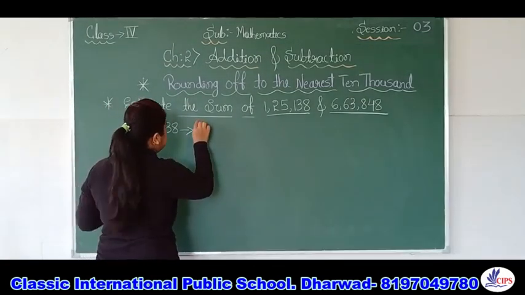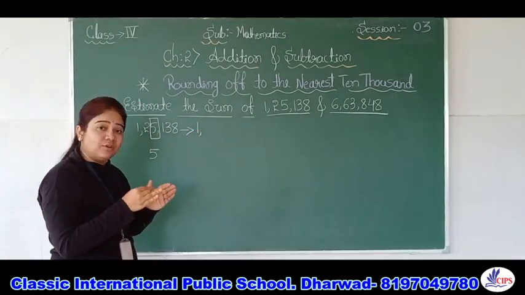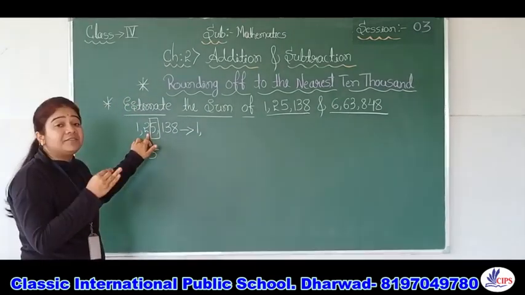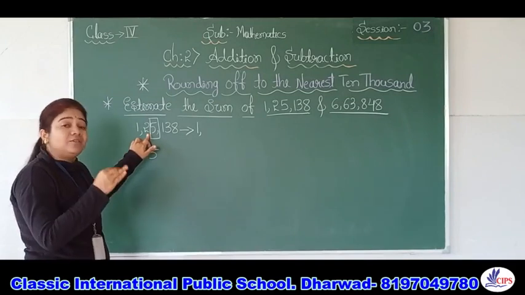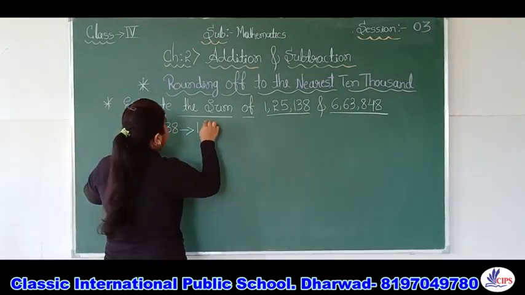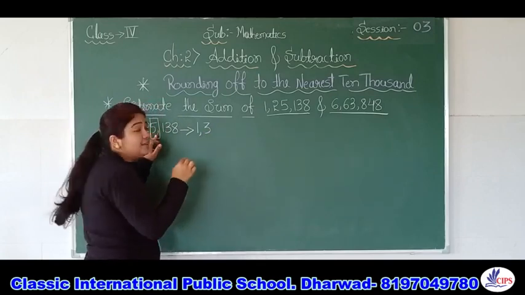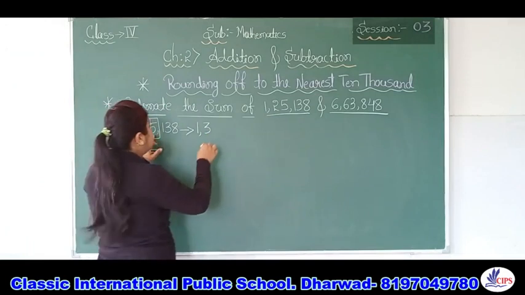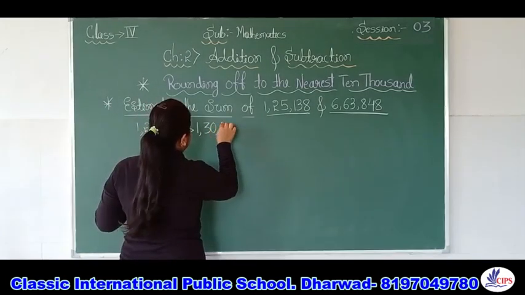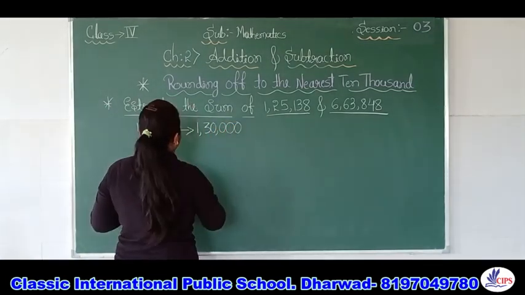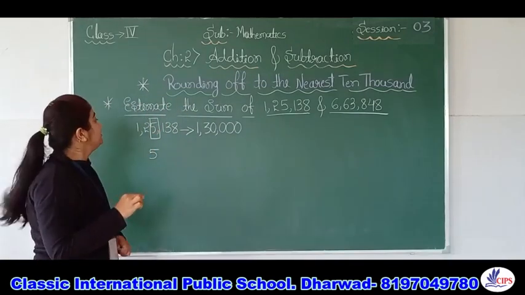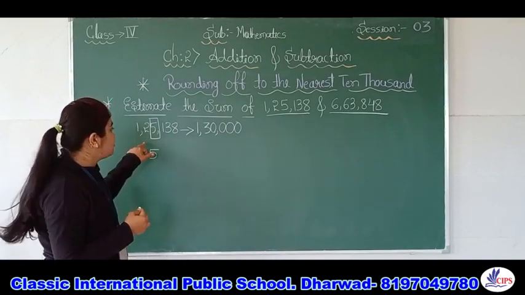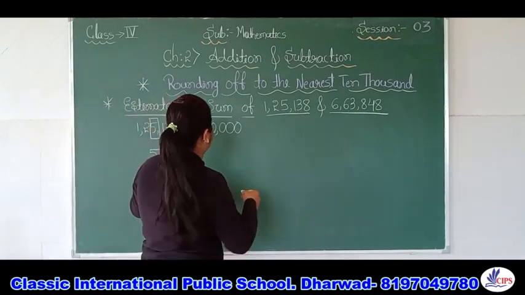So here 1 lakh stays as it is, and here the digit will be increased by 1, that is, it will become 3. And according to the rules, the remaining place values are 000. So, this is rounding to the nearest 10,000. Just we did. Okay.